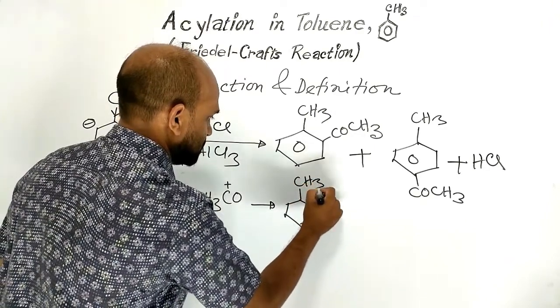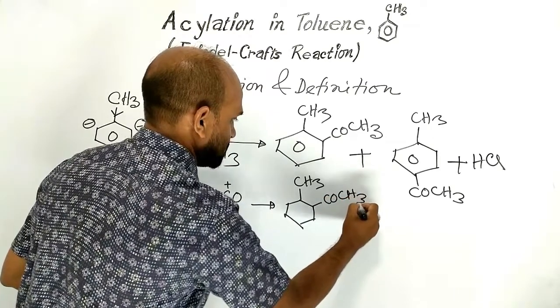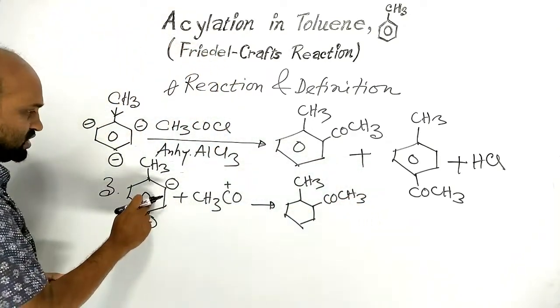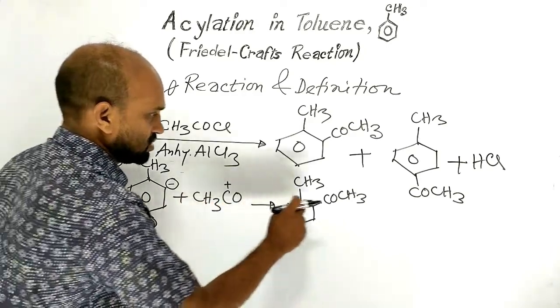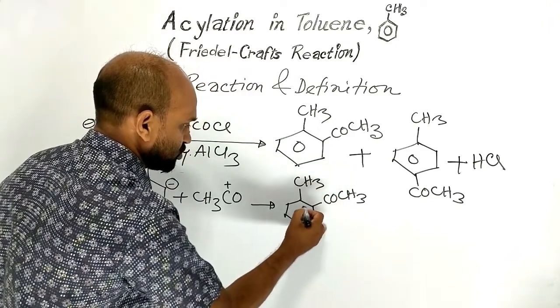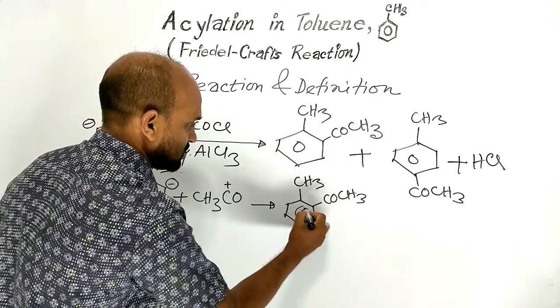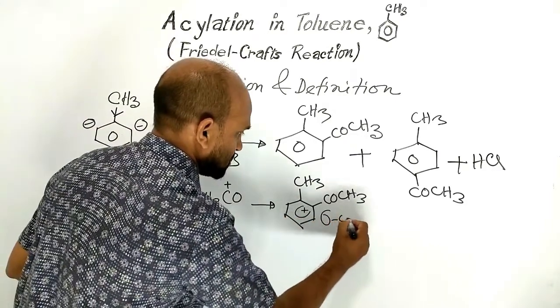Here is the methyl group and the acetyl cation. As the phenyl group donates electrons to the acetyl cation, the charge shifts to the benzene ring, which is known as the sigma complex.